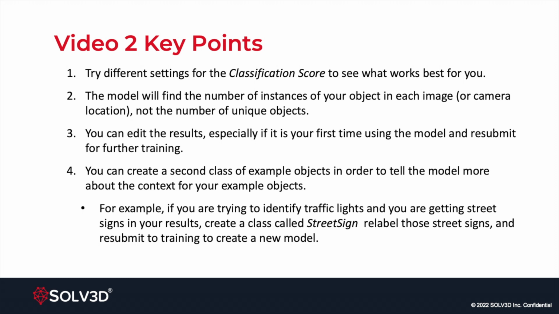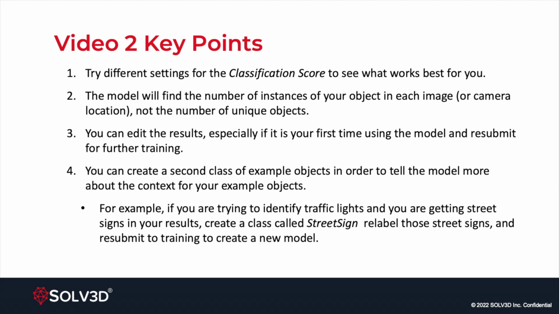You can edit the results, especially if it's your first time using the model, and resubmit for further training if you need to. In particular, you can create another class of example objects, the second or third class, to give the model more context about your example objects.